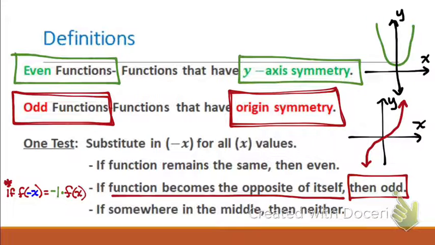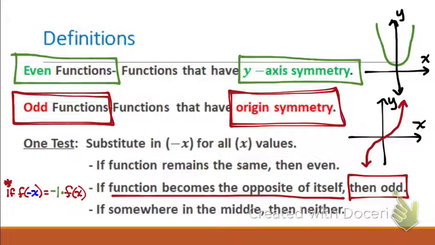So if substituting negative x in the place of x has the same result as if you just distributed a negative 1 to that entire original function, then it is an odd function. If you prefer using the old test for origin symmetry, it will have the same effect. You will be able to identify what you need to.